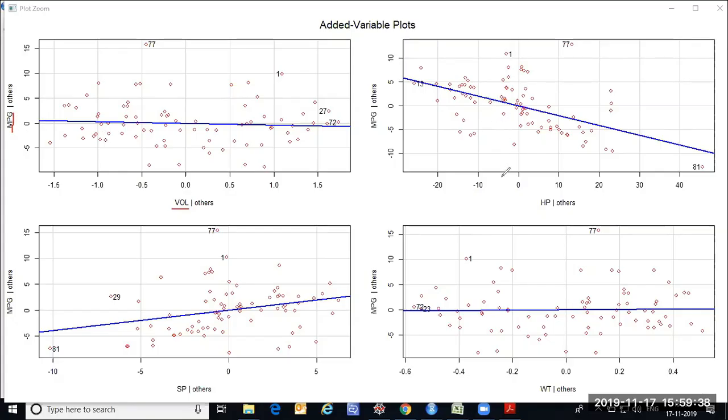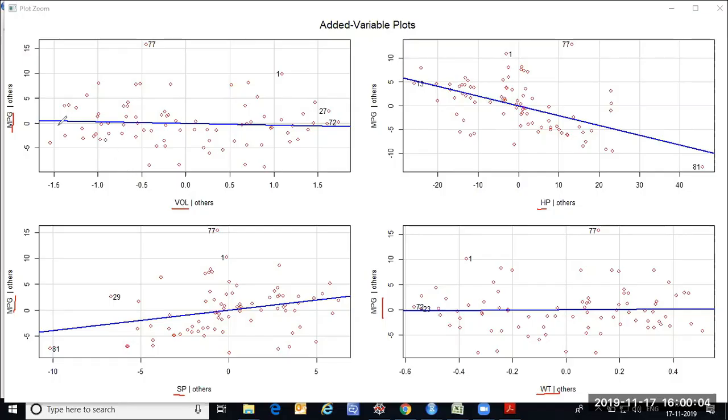Right? When horsepower is mixed with other input variables, how it is helping. When speed is considered along with other input variables, how it is helping with the mileage prediction. When weight is included, what kind of impact that is having on the output variable, mileage prediction.